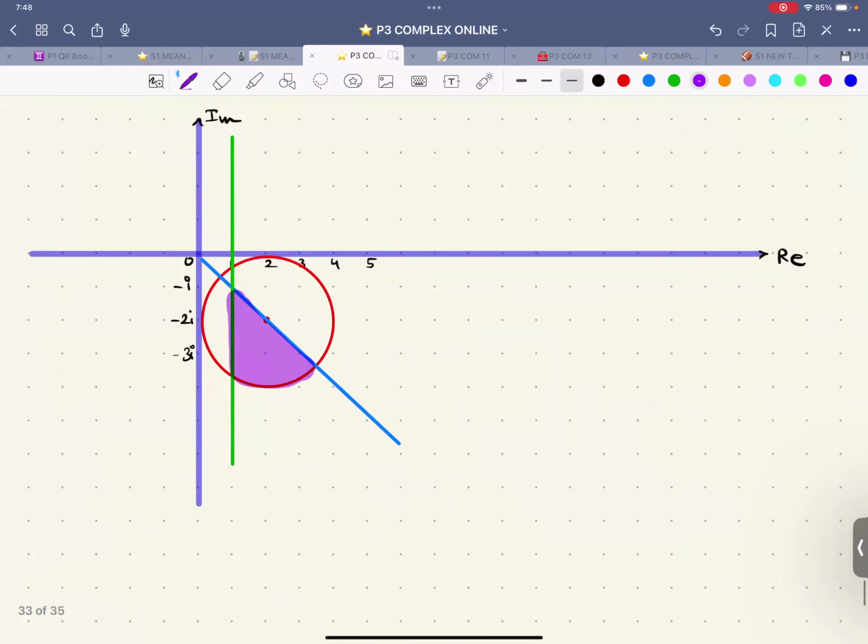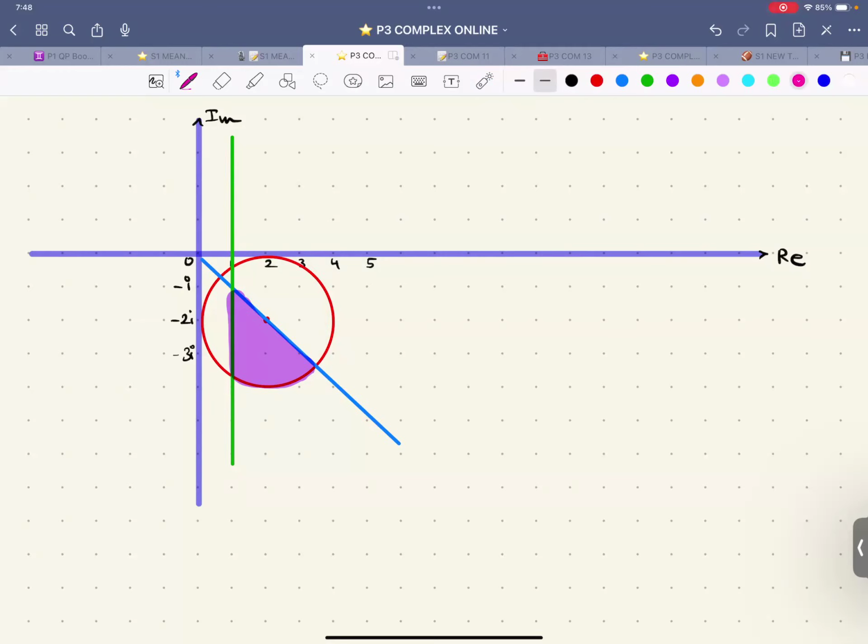Now, if I look at the diagram, I see the greatest value would be this far end over here, at this very end. So this x coordinate would be the greatest value. Now I just want to erase a little bit. Let me use a reddish color.